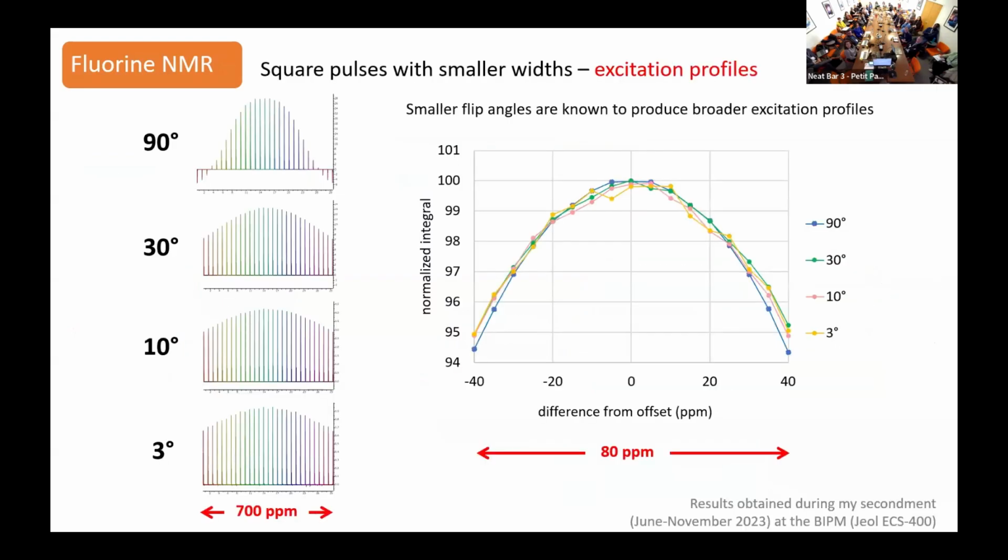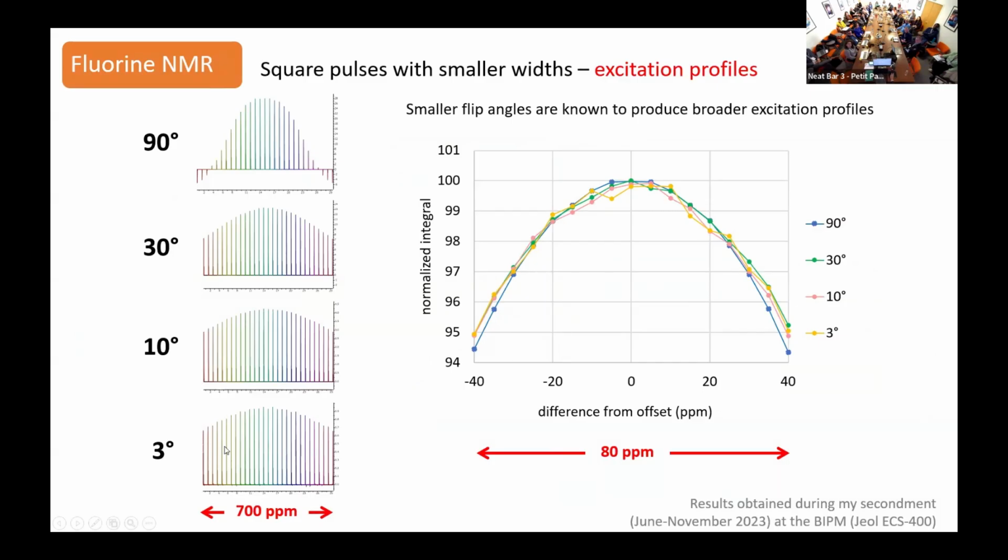So this work I did here at the BIPM in 2023 during my secondment. These results are from a JEOL instrument at 400 megahertz for proton. Here I tried the excitation profile over 700 ppm. For the 90 degrees pulse, I got this, and then I reduced the flip angle.